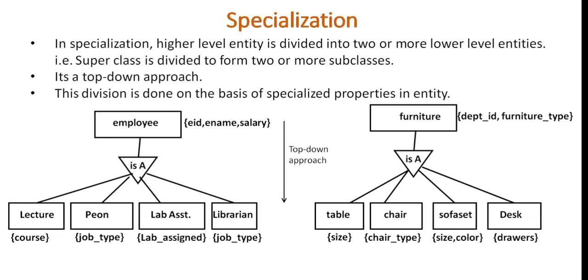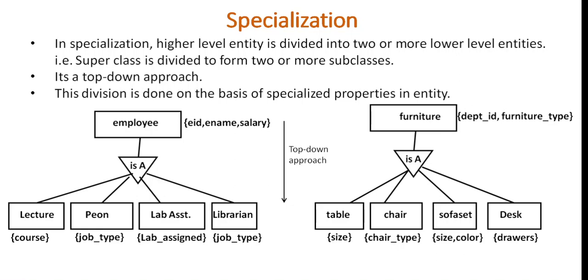And the division is done on the basis of specialized properties in the entity. While generalizing any entity, we find out the common properties, and when we want to specialize an entity, we find out different properties. Then on the basis of those different properties we specialize the things. See, the example is employee.